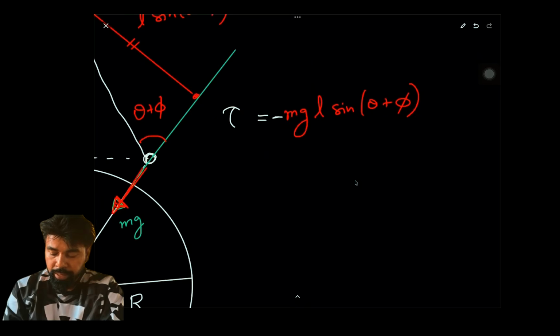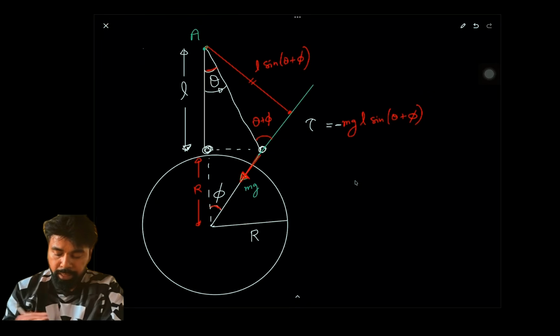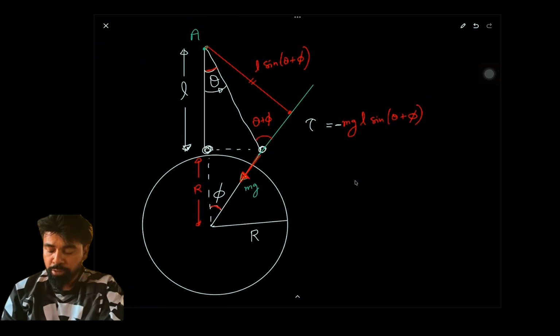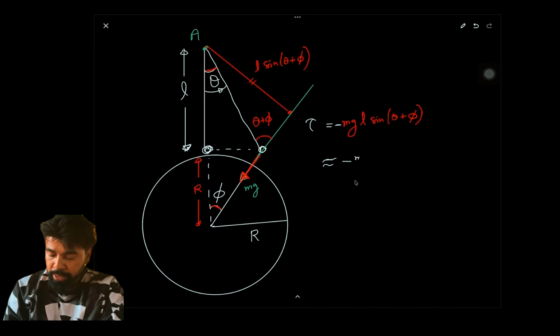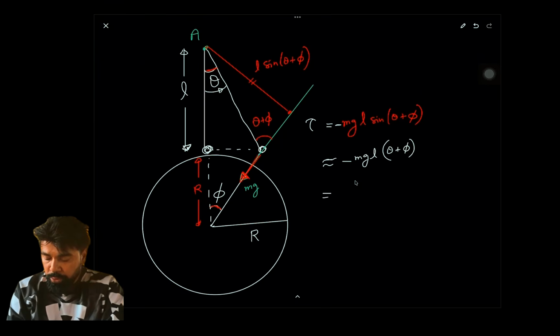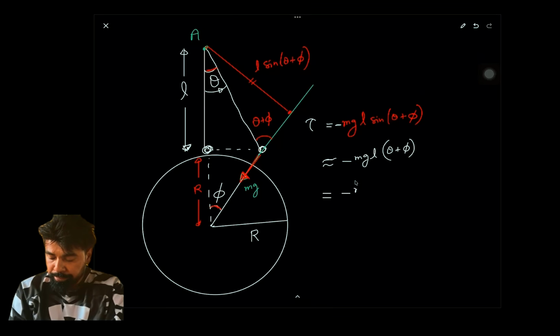So there has to be a negative sign showing that the displacement and the torque are in opposite directions. So approximately, because both the angles are small, we can write sine of theta plus phi as approximately theta plus phi. Now we'll do what? We'll take theta out.